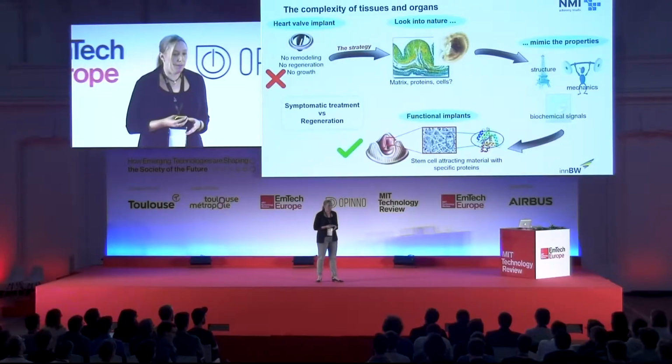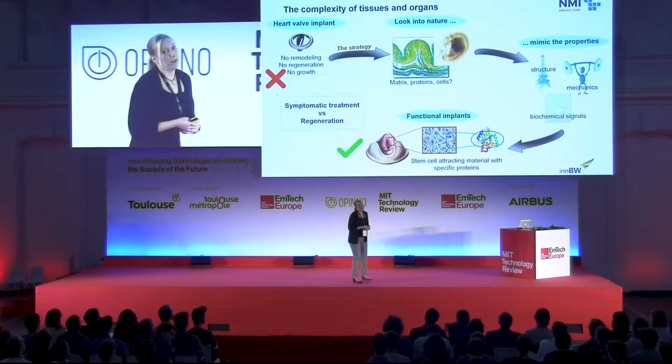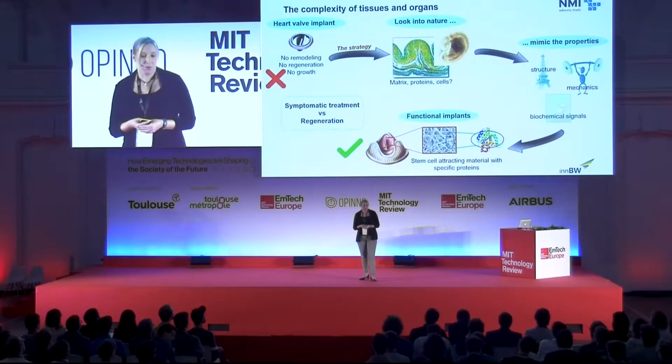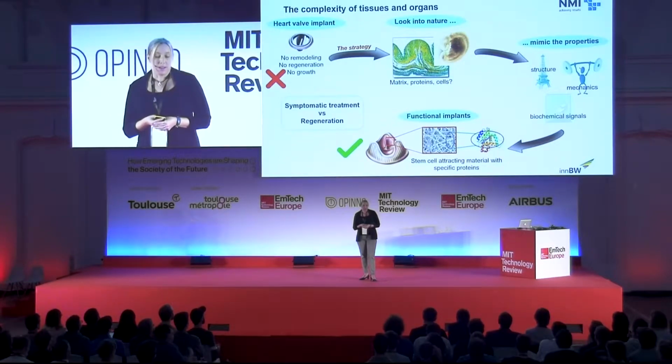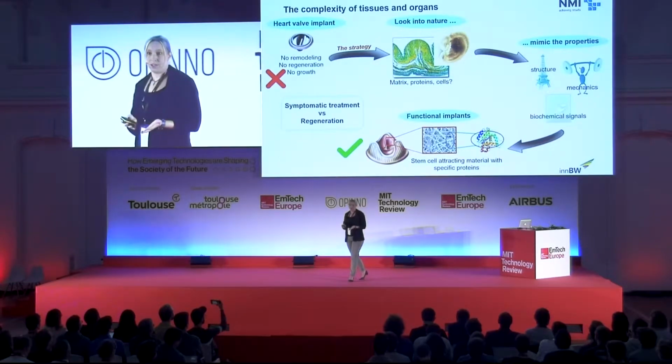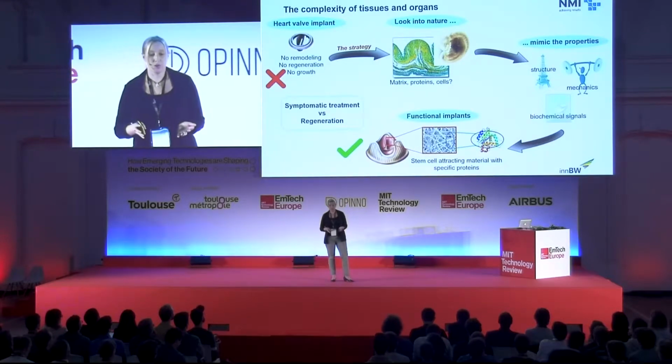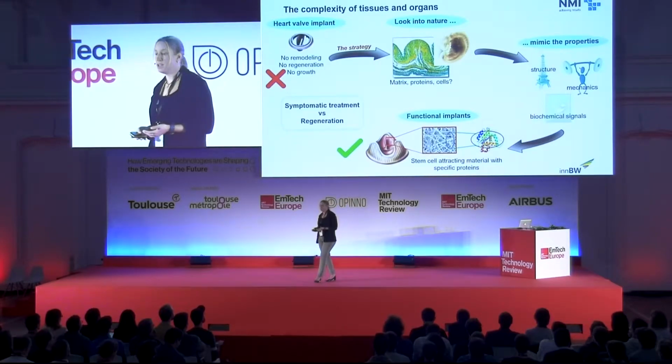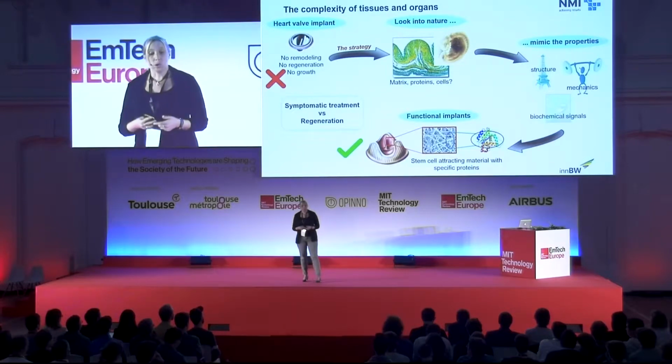So this is why in my group at the NMI in Reutlingen, from the University of Tübingen, we have the following strategy. We have the issue: no regeneration, no remodeling, no growth with current implants. So the strategy is, we want to look into nature.